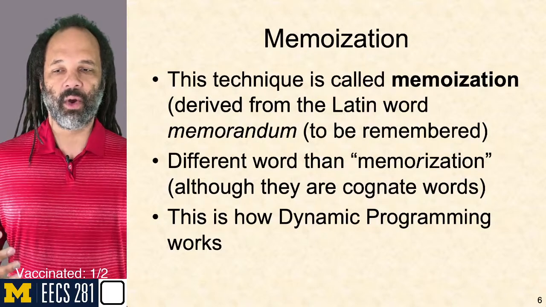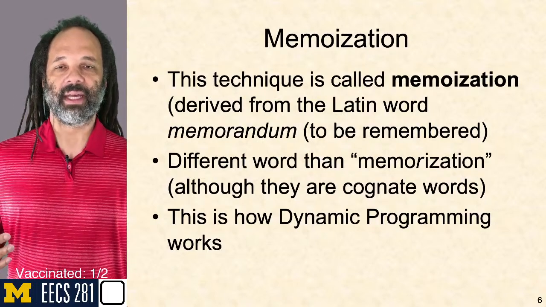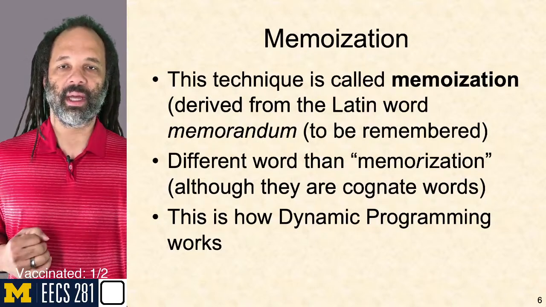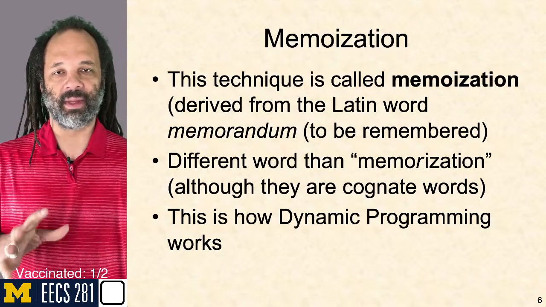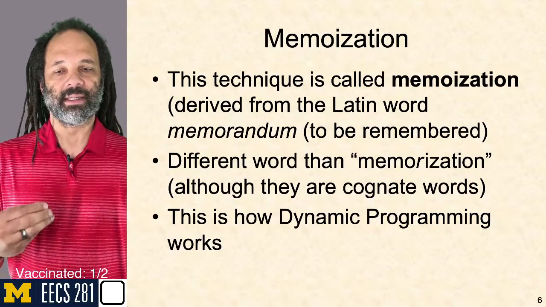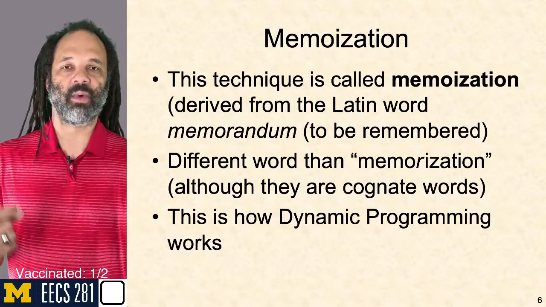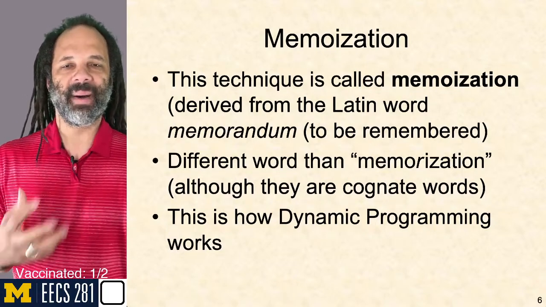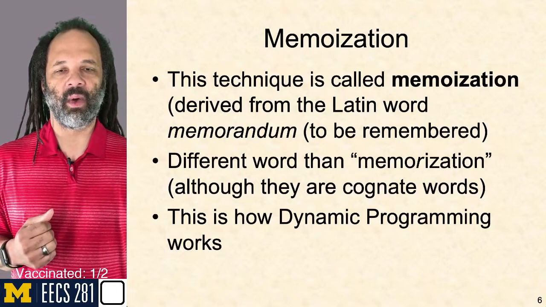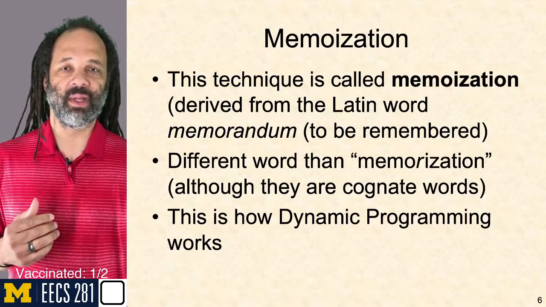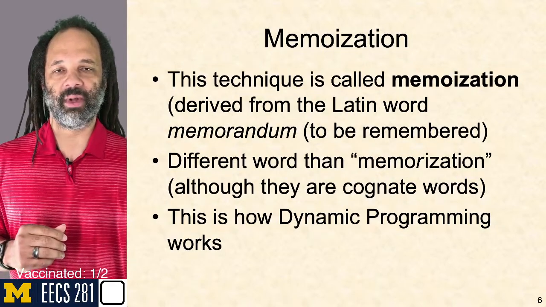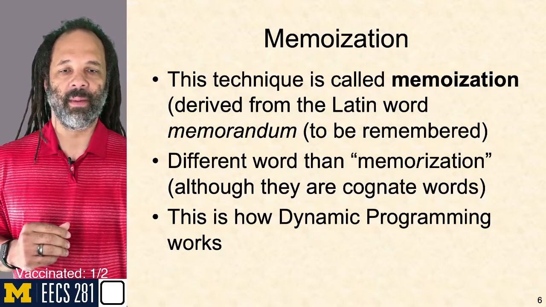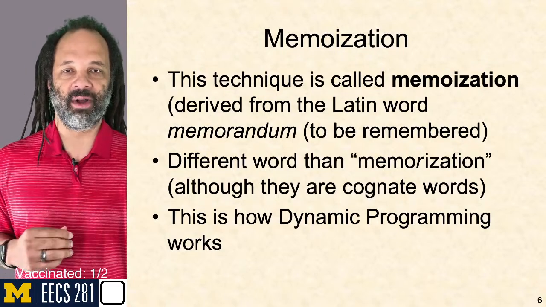This storing of previously calculated values is called memoization in dynamic programming speak. It's derived from memorandum, something to be remembered. It's slightly different from memorization, which is what we do with our memory, but it's got the same feeling. So don't worry too much about it unless you really want to get into linguistics. Generally, I just refer to the data that I'm storing as my memo.